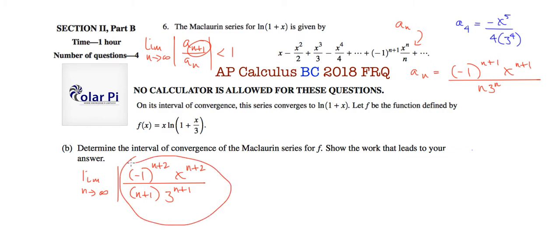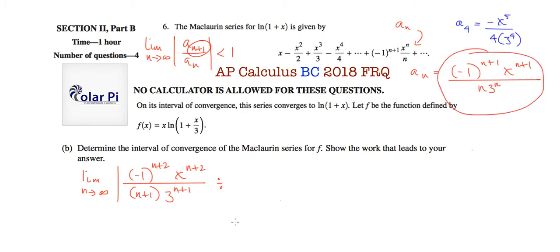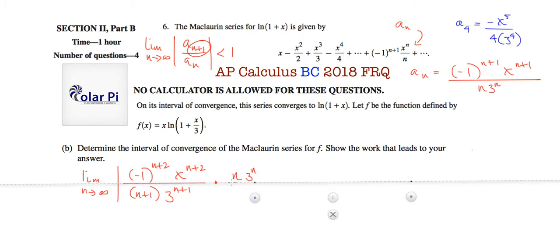Everything I wrote here is simply a sub n plus 1. So we need to divide this by a sub n, but it's the same as multiplying by the reciprocal, so I'd rather do that. So we multiply by n times 3 to the n, divided by -1 to the n plus 1, times x to the n plus 1. Then we close off the absolute value and say less than 1.